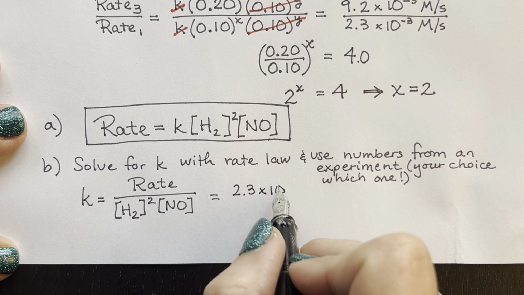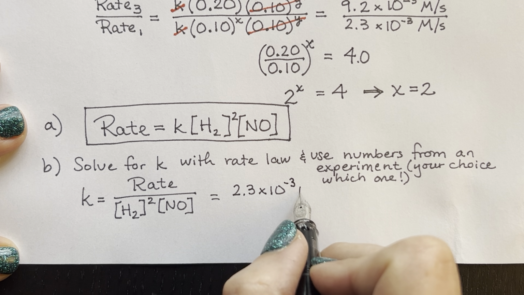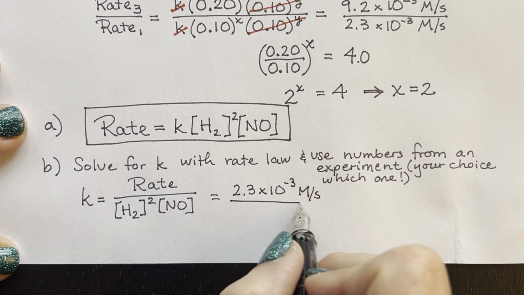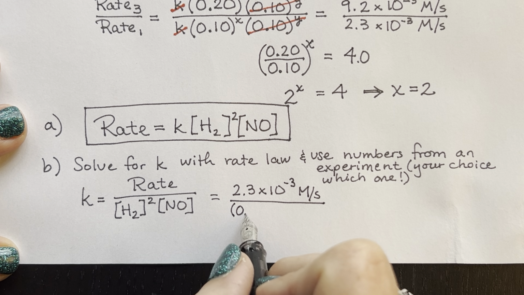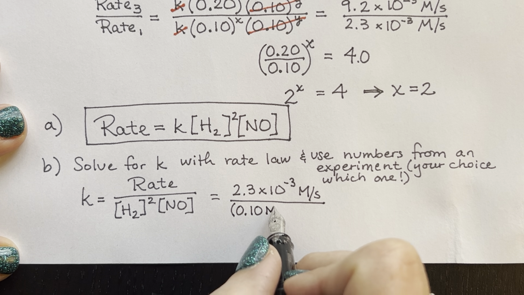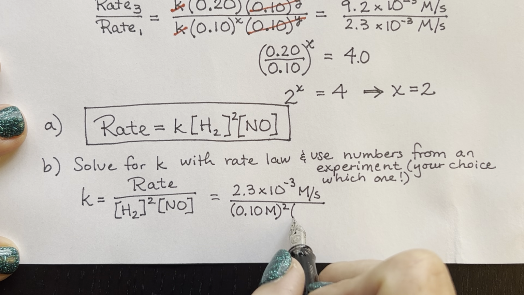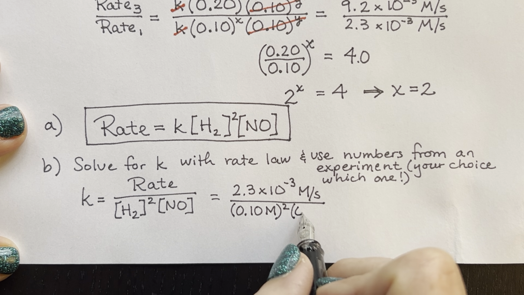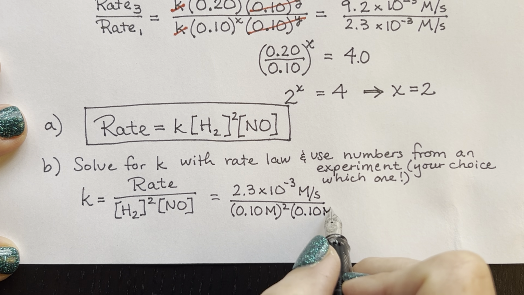It's 2.3 times 10 to the minus 3 molar per second. We have 0.10 molar squared, and we have 0.10 molar.